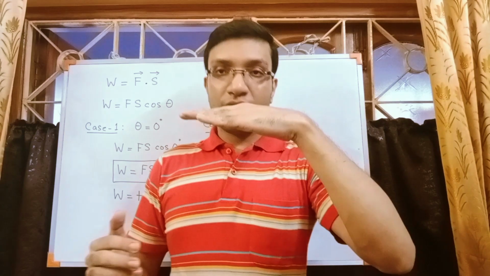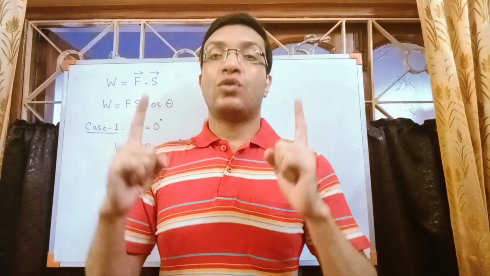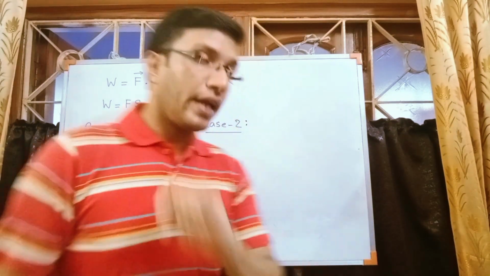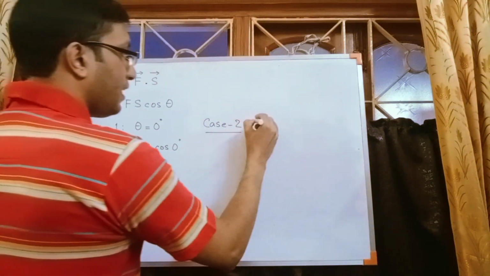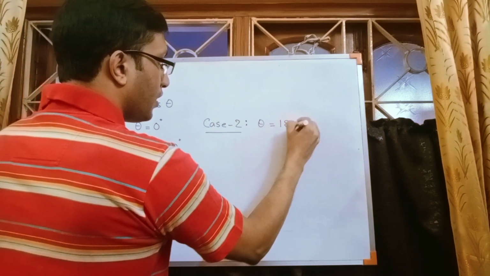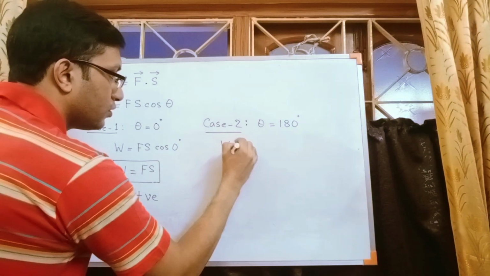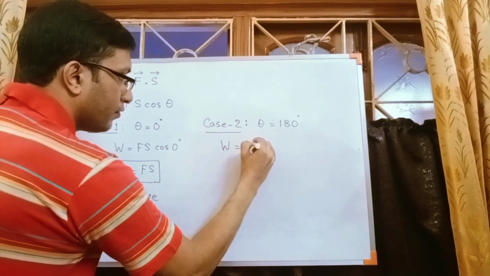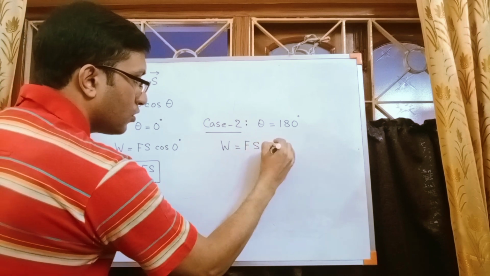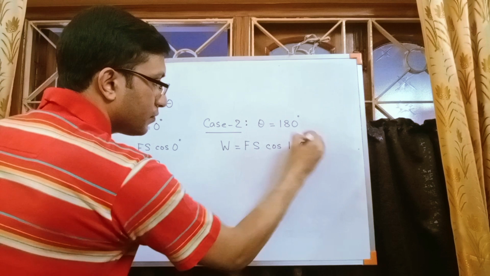That means displacement is in this direction and we are applying the force in this direction. So force and displacement are acting at an angle of 180 degrees. So in the second case, theta is equal to 180 degrees. So work done will be Fs cos 180 degree.